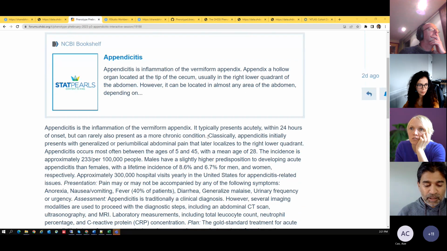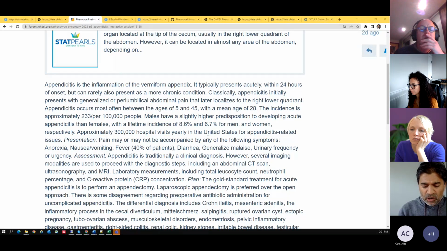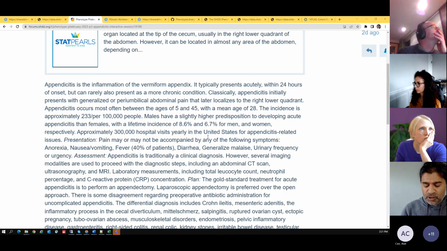So, clinical idea: appendicitis, as you know, is an inflammation of an organ called the appendix. It's usually acute in onset. Within 24 hours, sometimes 2 days, it will manifest itself. Very rarely will it become chronic; that's an edge case. The classical presentation is a younger person with periumbilical pain that then migrates to the right lower quadrant. There's tenderness, nausea, and vomiting, and they usually are taken to the hospital, where they are diagnosed with appendicitis.